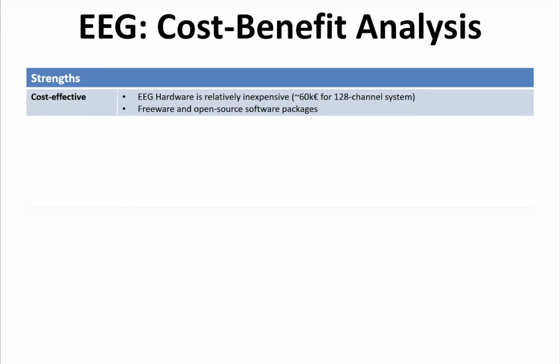The other good thing out there is that there's a number of freeware and open source software packages for handling data, which makes it highly cost-effective in my opinion. The long lifetime of EEG hardware makes it possible to invest once and have it last a good long while. And that makes the lifetime of the equipment quite long, and therefore quite cost effective again as well.